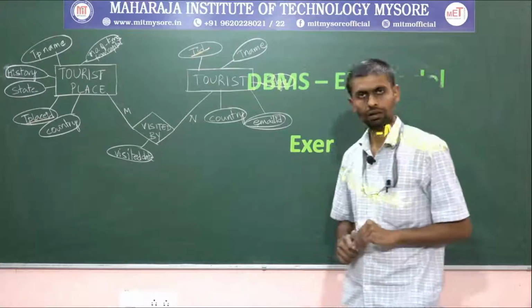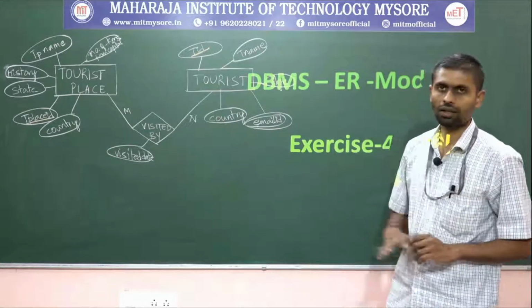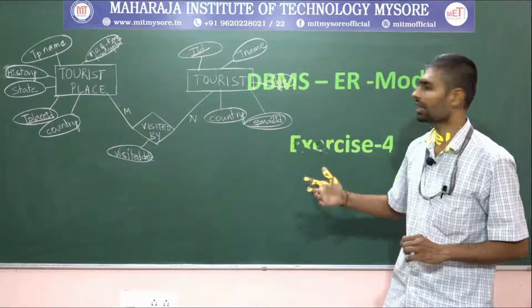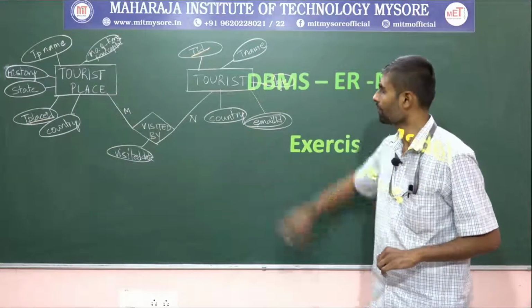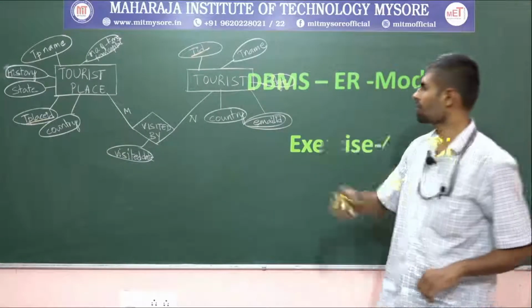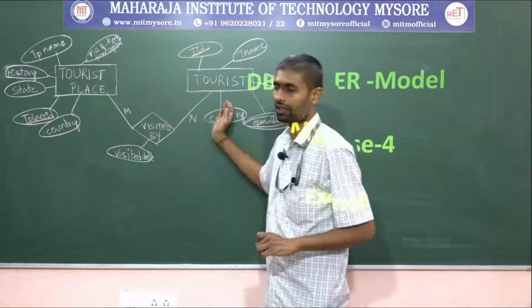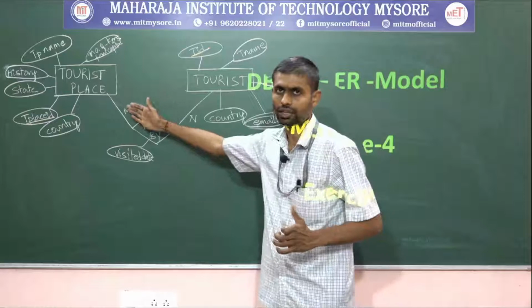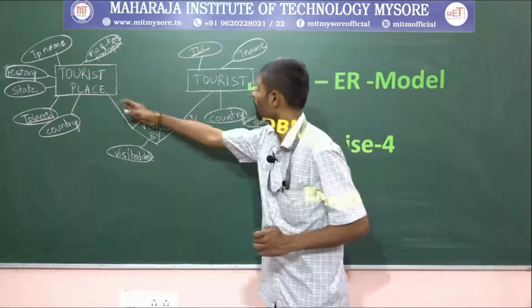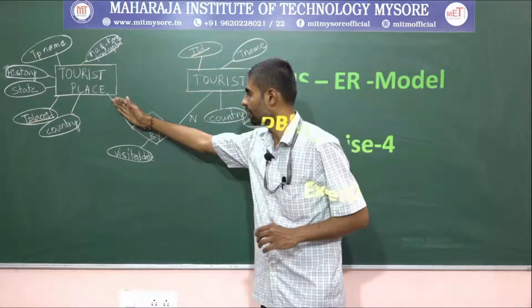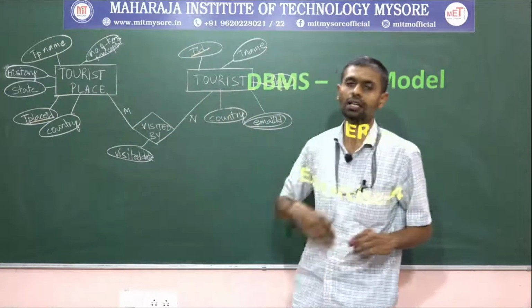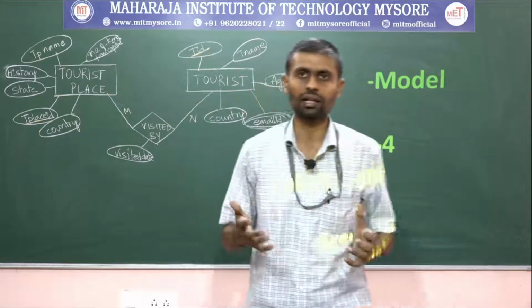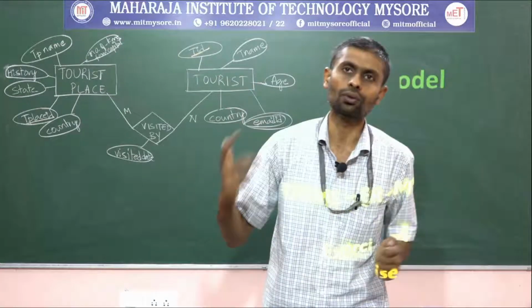We'll try to identify all regular entity types, that means strong entity types in our ER diagram. Only two entity types are present, and both of them are of what type? Of a strong entity type, regular entity type. So for these two entity types, tourist place and tourist, we'll go with creating a new relation, guys.